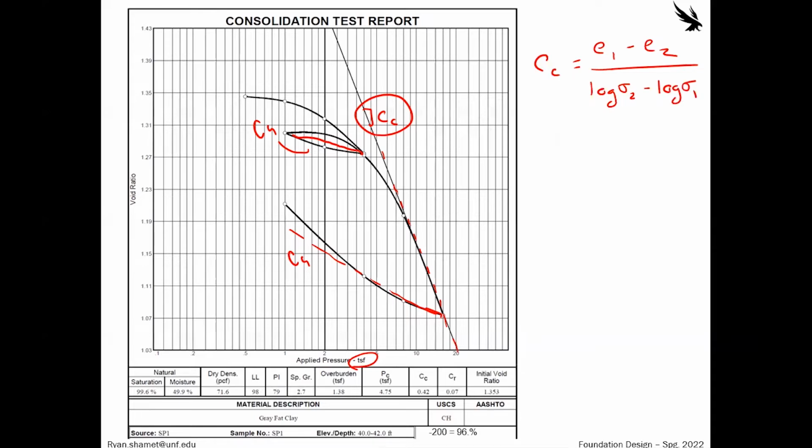So what you would do is if you had this line, then you would just find 2 points. Let me erase this red so it's not just a bunch of red everywhere. So just find 2 points. Let's say right here, this would be our sigma 2, and then just find another point that's easy to read.